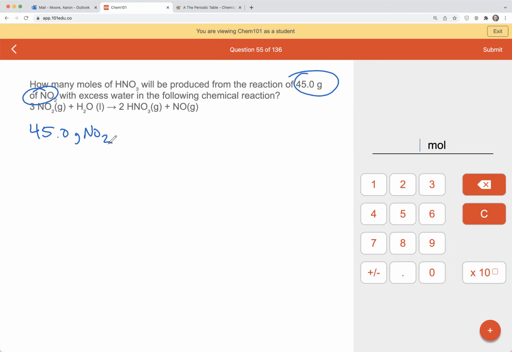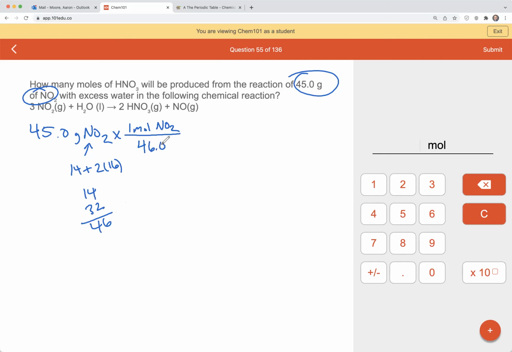I got to first of all convert this mass of the reactant into a number of moles of that reactant. Okay, so 1 mole of NO2 is 14 plus 32. Remember, 16 times 2, so 14. I guess I'll write that out. 14 plus 2 times 16. Okay, so that's 32. So 46. Let's see, 14, 32. Don't want to make a stupid mistake. Yeah, so 46 grams per mole.